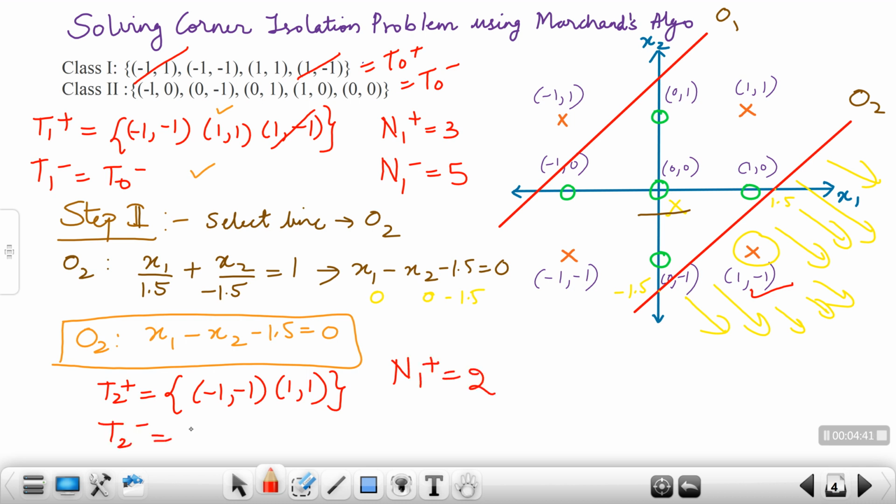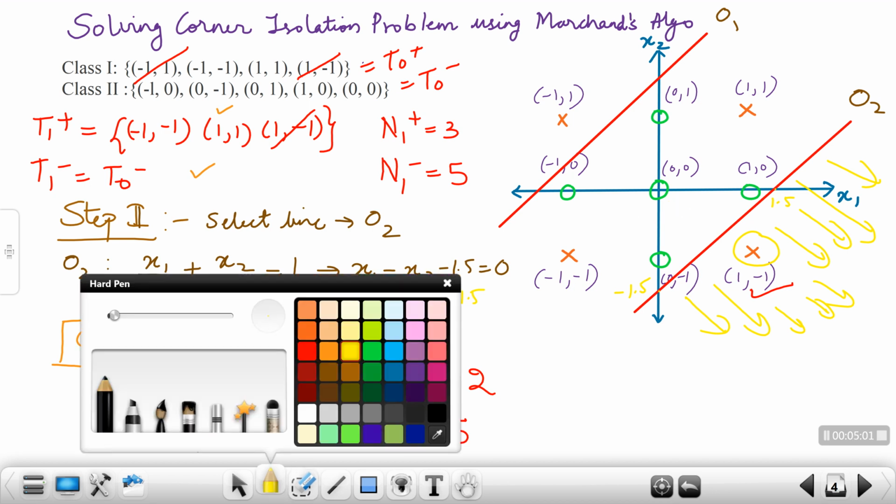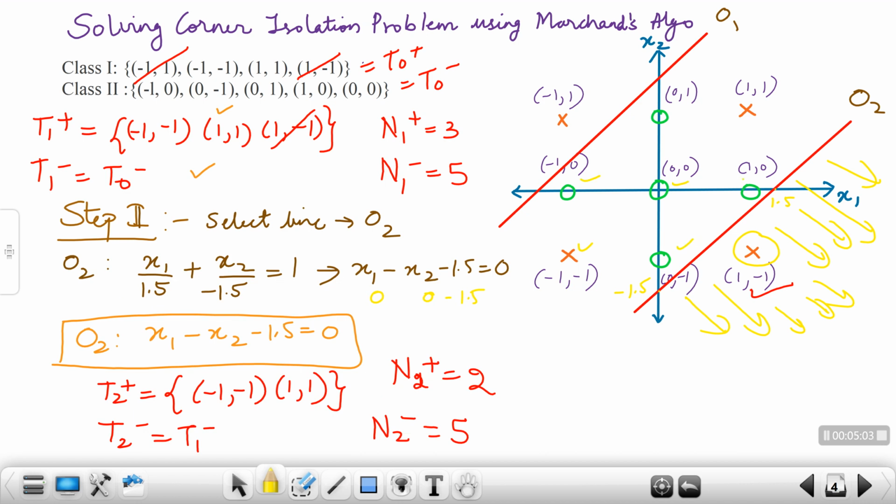And T2 minus is the same as T1 minus, because nothing has got classified from this particular class 2. So N2 minus is equal to 5. So altogether how many patterns are left to be classified here? If you see 1, 2, 3, 4, 5, 6, 7.